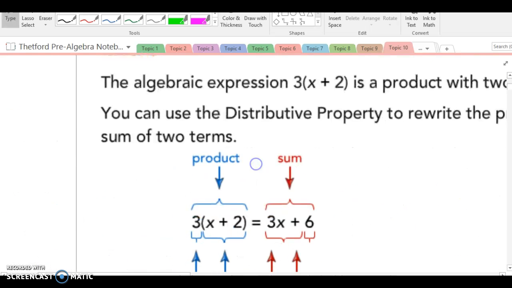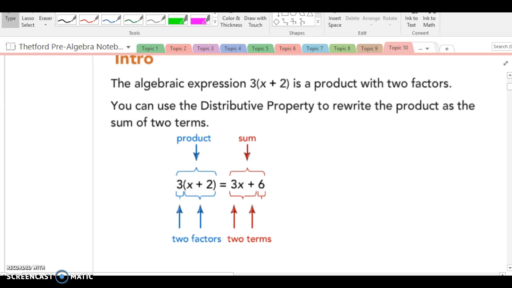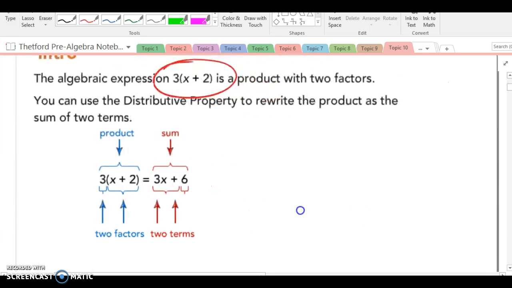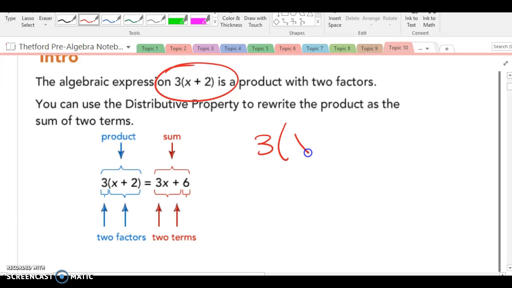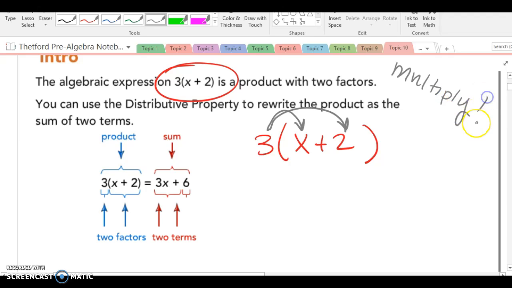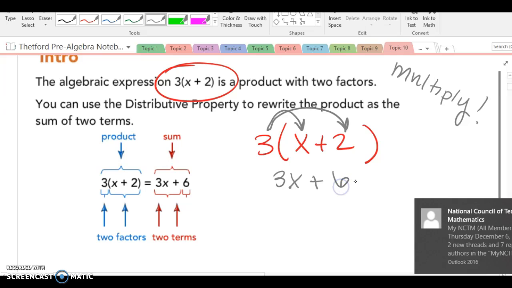So when we look at actually expanding expressions, if we have an expression that looks like this, which is 3 times (x plus 2), that means I'm going to expand or distribute this 3 to both things in the parentheses by multiplying. So 3 times x gives us 3x. 3 times 2 gives us a positive 6.